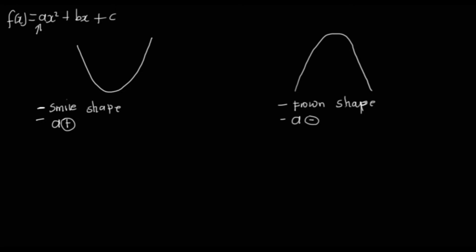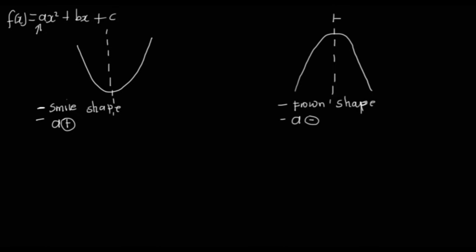Now from there also, there are other basics that we need to know about these two shapes. There is a vertical line that we can draw that passes through the turning point of each. So here also we have this vertical line in dotted lines.